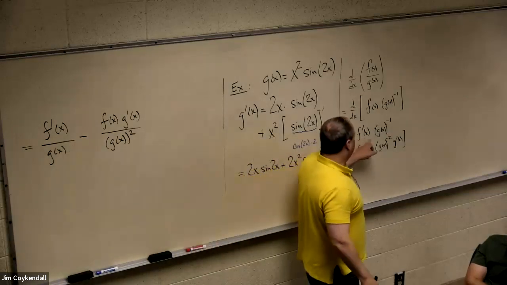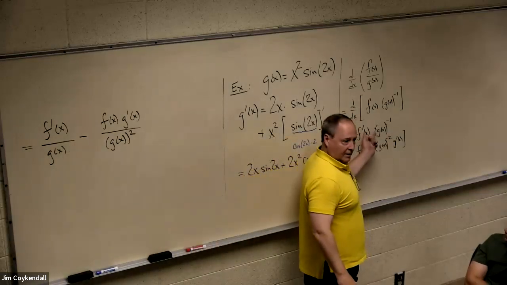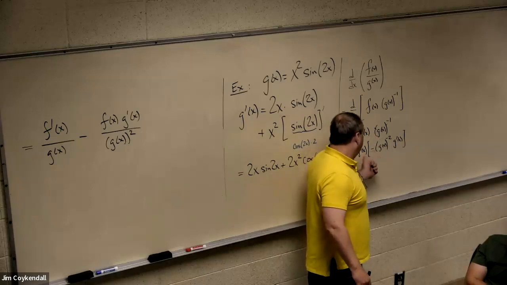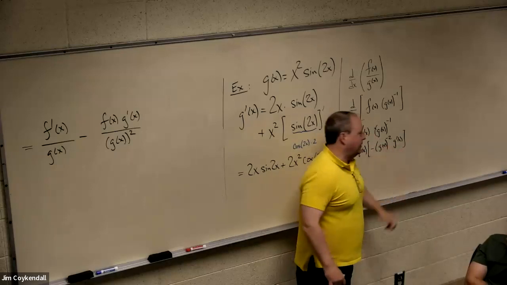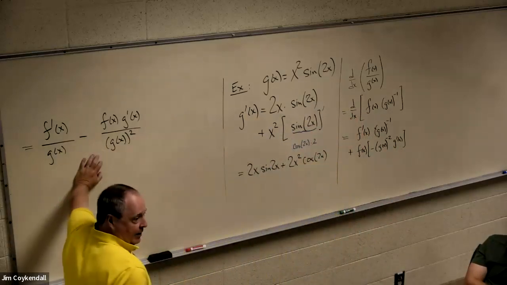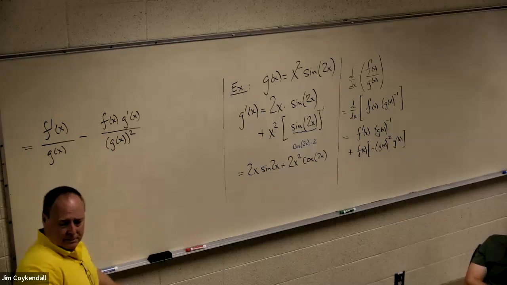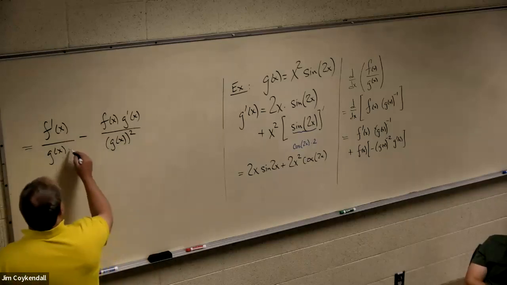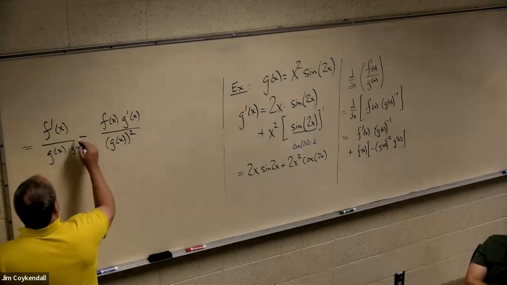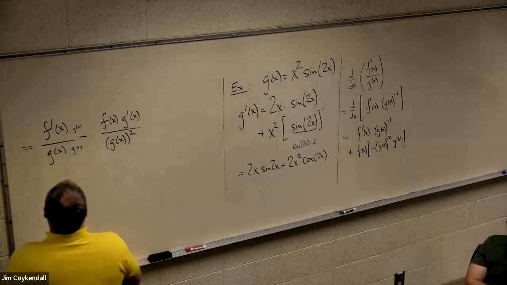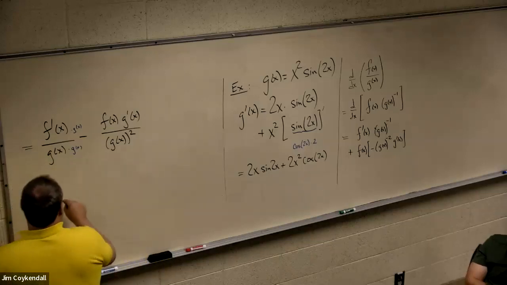Because this is f of x over g of x. Agree? And this is negative f of x times g prime of x over g of x squared. Now, just bring a common denominator. Another g of x here, another g of x here. And I get my familiar quotient rule.